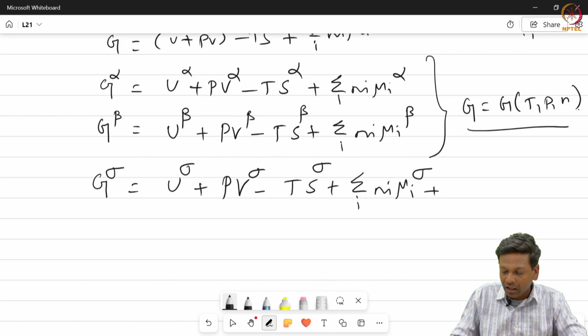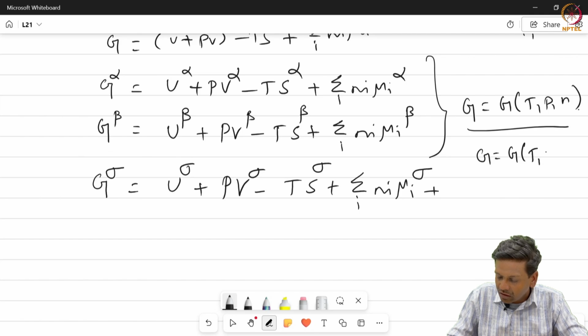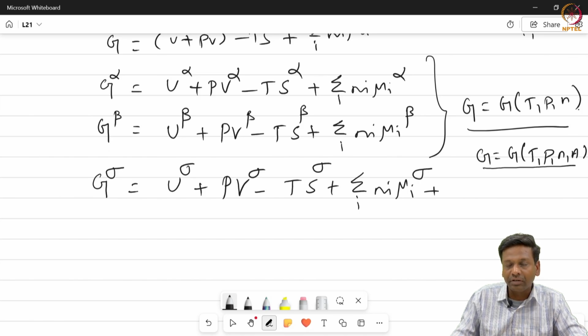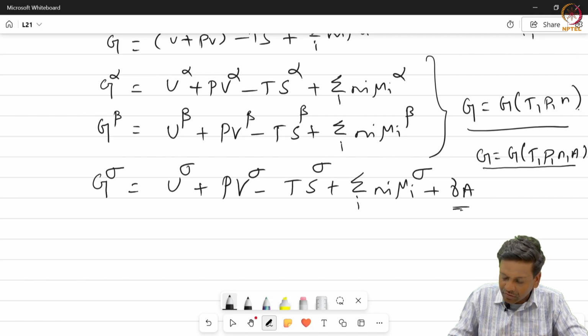Remember, in addition to T, P, N, for the interface you also have what is known as area, which is also important, the interfacial area. So it will be a function of temperature, pressure, number of moles and area as well. You will also have gamma A, this is actually surface tension work. So you have to include that.